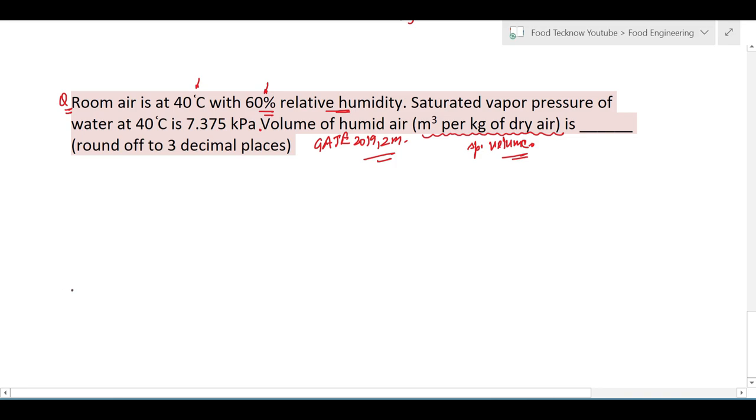So we have just looked at the specific volume formula. So it is equal to 0.082 into (dry bulb temperature + 22.4) into (1/29 + specific humidity/18).